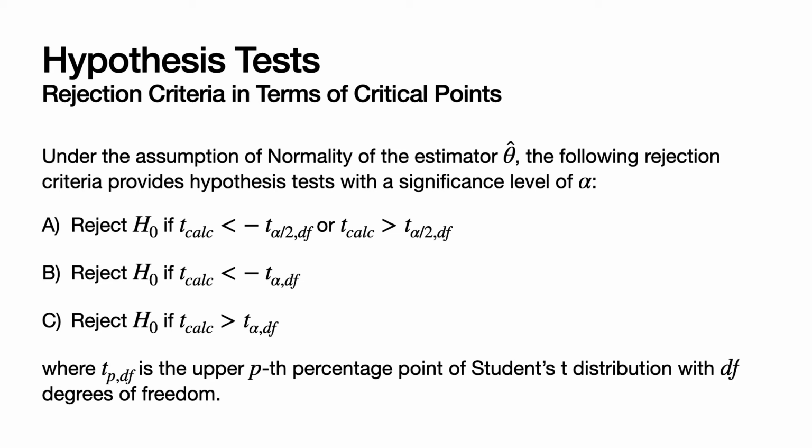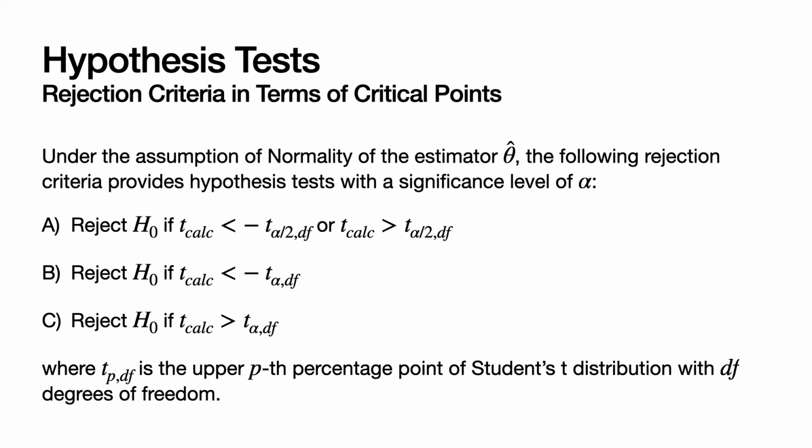That's the negative of the upper alpha over 2 percentage point of the t-distribution with df degrees of freedom. The other criterion is to reject if t-calc is greater than the positive value t sub alpha over 2 comma df, the upper alpha over 2 percentage point of the t-distribution with degrees of freedom equal to df.